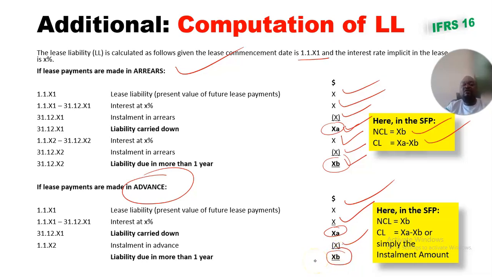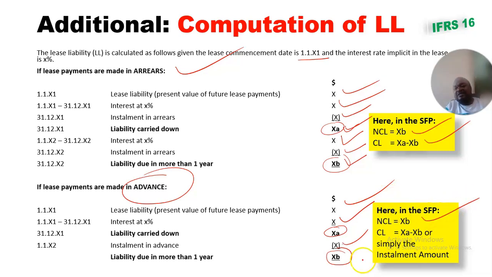So at the start of year 2, on 1st January, we'll be having the closing lease liability, which is going to be, as usual, the non-current liability.